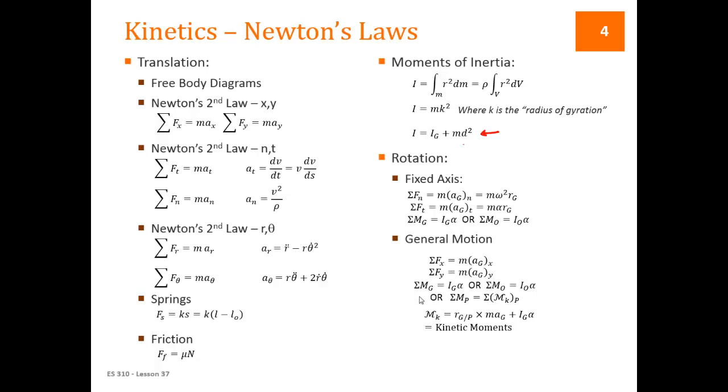And then we have moments around point G, which is our center of mass, or moments around a fixed point, which is often an instantaneous center of zero velocity, or moments around a random point in which we use these fictional kinetic moments, which is r crossed with mass times acceleration. And so another way of thinking of these kinetic moments would be I around P, where you use the parallel axis theorem, times alpha.